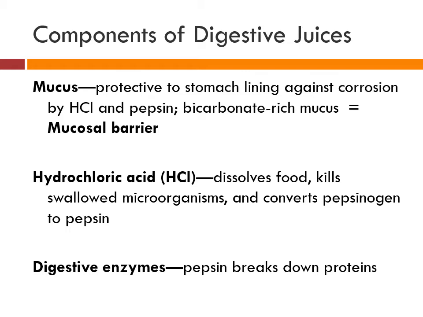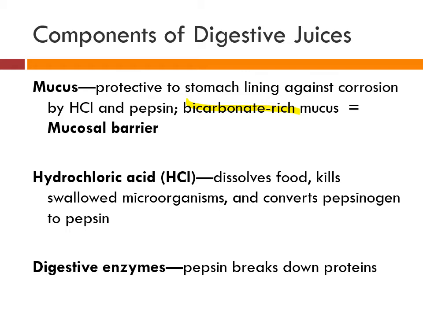Our digestive juices contain mucus to protect the stomach lining, hydrochloric acid, which dissolves food, kills microorganisms, and stimulates that pepsinogen to be converted into pepsin, and then lots of digestive enzymes. Up in this mucus layer, the bicarbonate that is in the mucus is alkaline, and that is what protects us from that acidic contents.